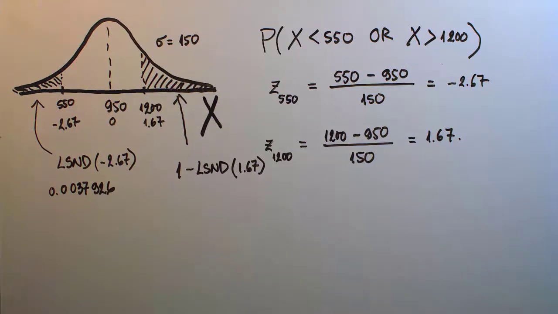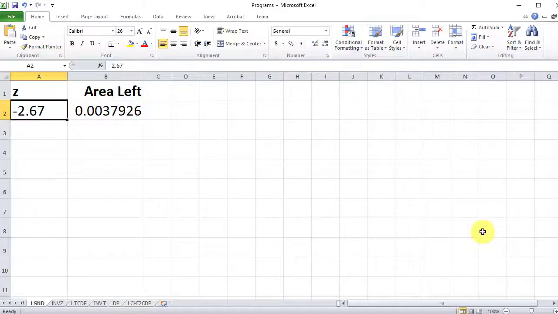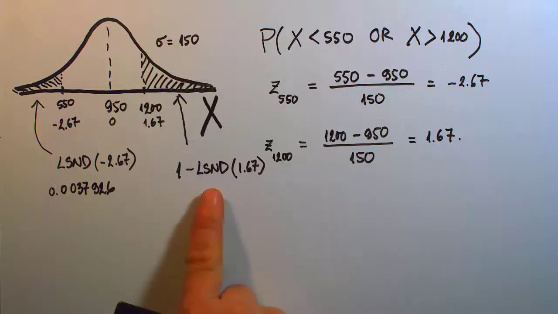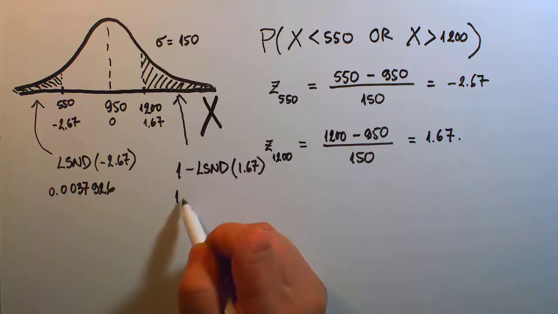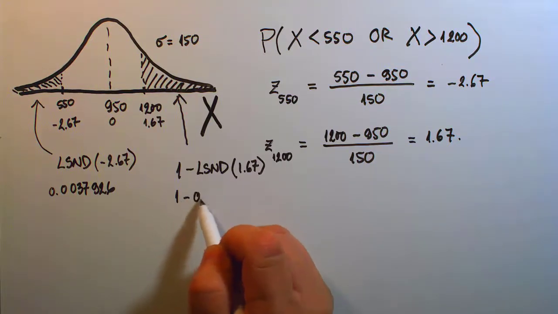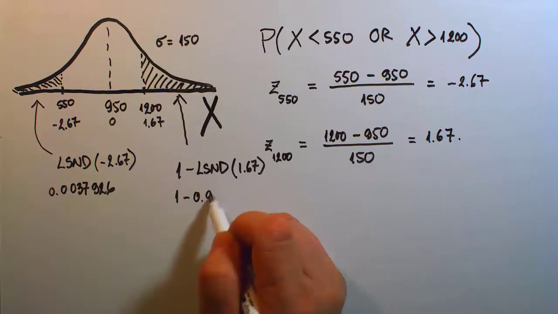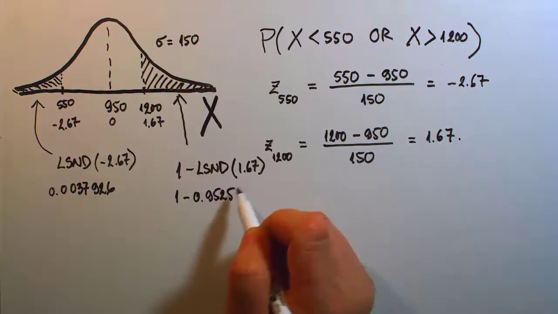Or in other words, when we're entering 1.67 into the z-score box of my LS&D program, this answer here is only the area shaded to the left of 1.67. So we need to subtract that area from 1. So here in the next step, 1 minus 0.9525403.